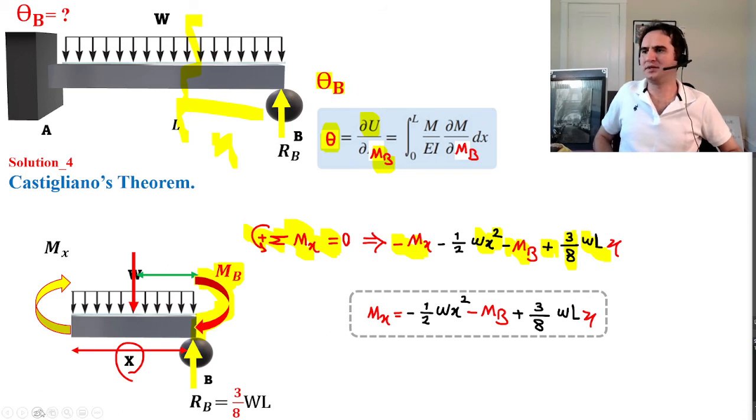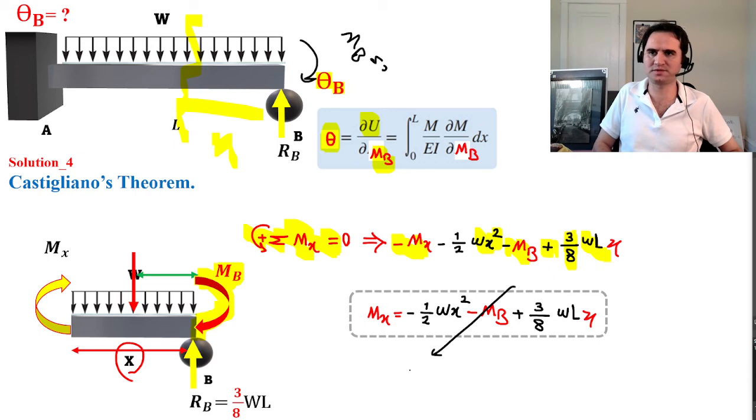Because at the beginning we didn't have any moment at the original beam, we don't have any MB, so we just put MB in the moment equation, it goes to 0.